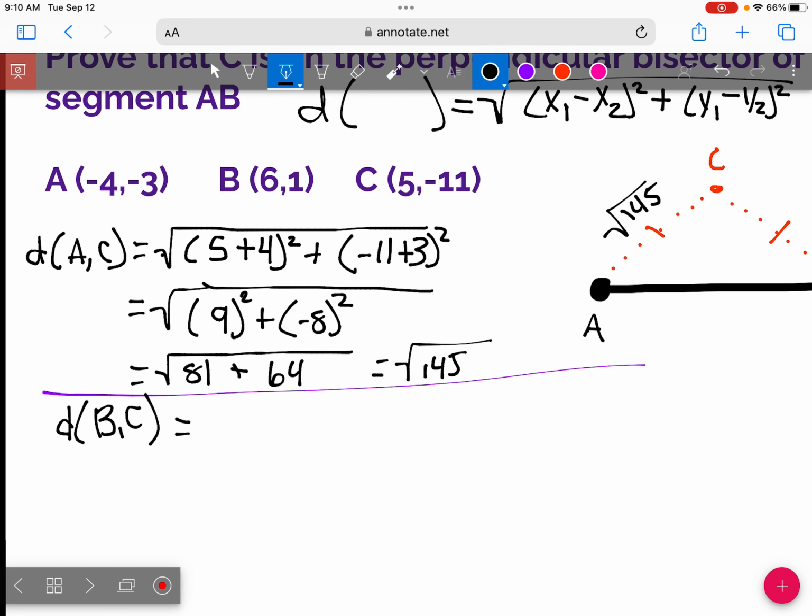So we're going to have that distance equals 5 minus 6 squared plus negative 11 minus 1 squared.